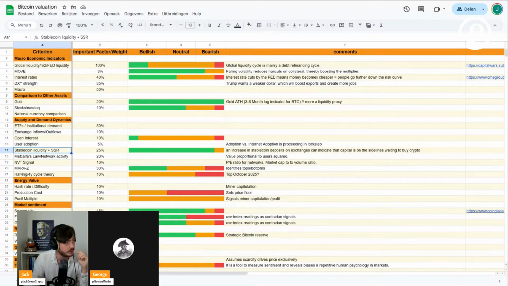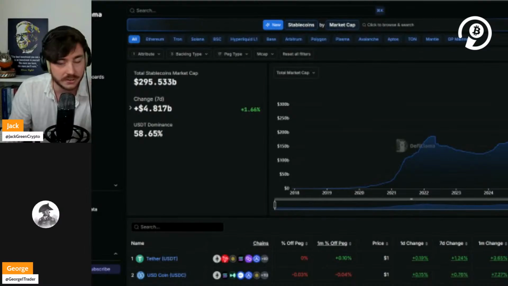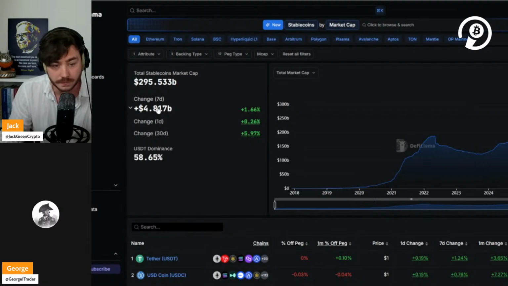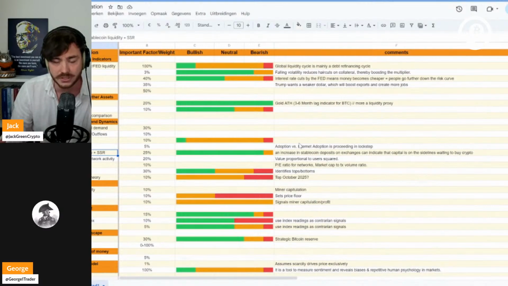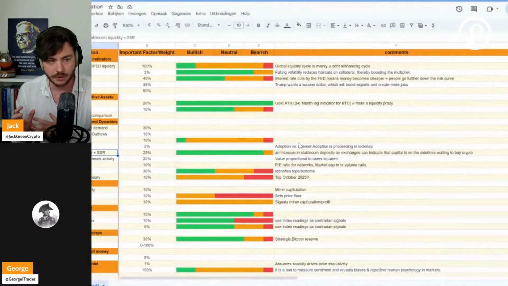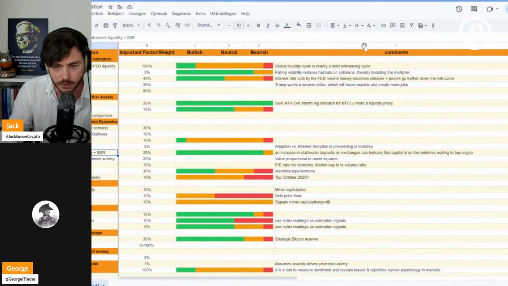Why is this important? Well, there's been a lot of stablecoin inflows these last few weeks. As you can see here, $4.8 billion in stablecoins on top of everything. And this is very good because this is just liquidity into the system, liquidity from the fiat system into the crypto ecosystem.